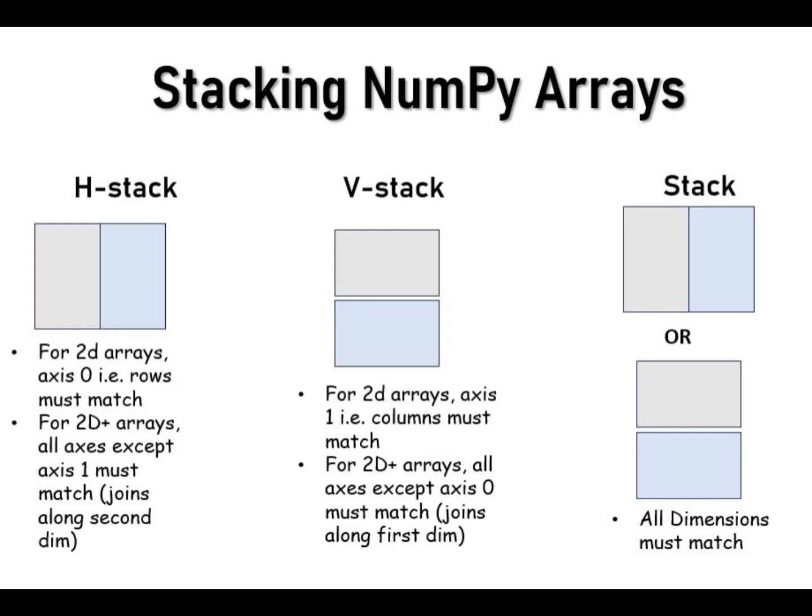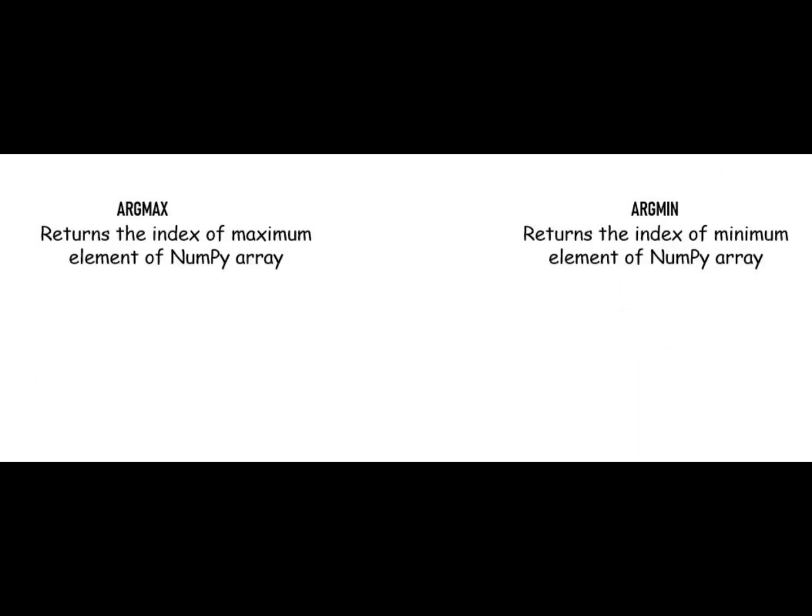Note that. Next, I'm going to talk about two extremely important predefined functions in array manipulation using NumPy, argmax and argmin, that return the indices of the maximum and minimum element of a NumPy ndarray respectively. These two functions are extremely important with respect to data science and machine learning. Suppose you're training a model to do a classification task.